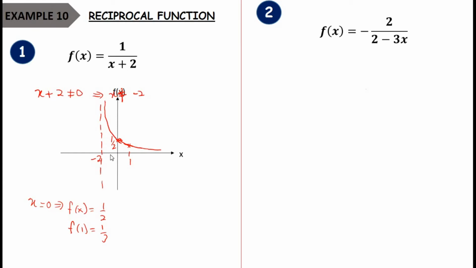But if you substitute, let's say, negative 1, then you have 1 over 1, which is equal to 1. It goes up. Okay, so then you get this graph. You will do the same for the other part, the lower part.